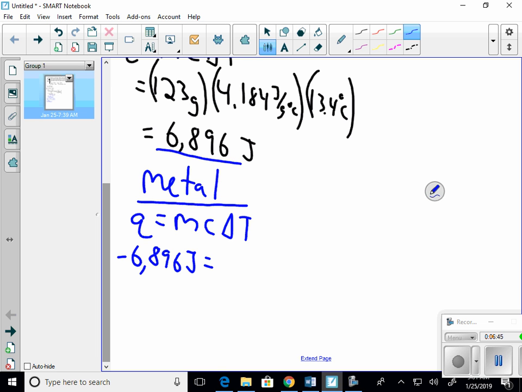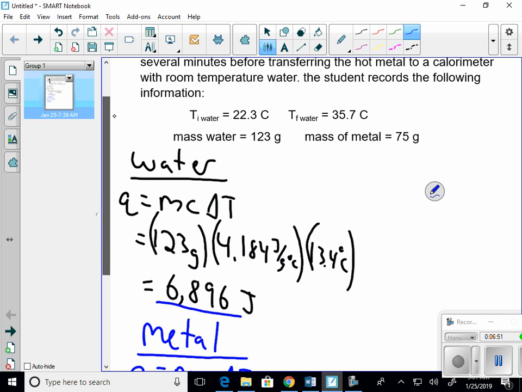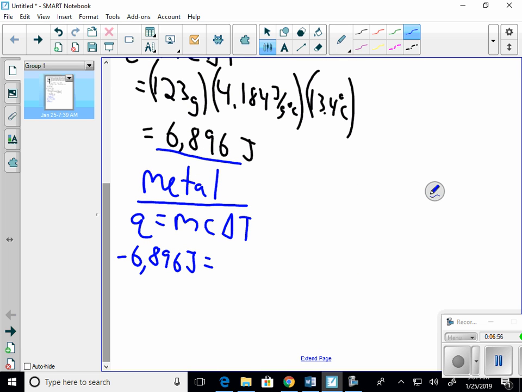Equals the mass of the metal rings. That's given to me in the problem, 75 grams. What makes this calculation a little bit different is we are solving for the heat capacity. We're solving for the C value. So I don't have that number.